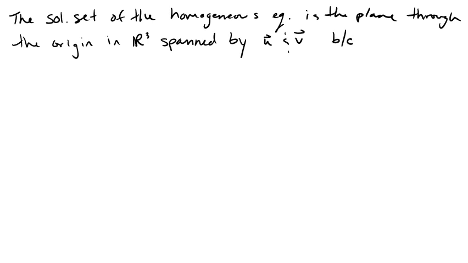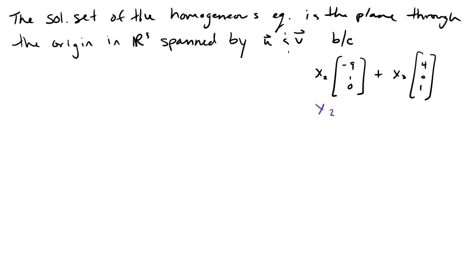Because I can represent that, sorry, I wish it was here. So I had this. I can write this as x2 times some vector plus x3 times some vector. Okay, so it's spanned by vectors u and v. So that's the solution set for the homogeneous equation.